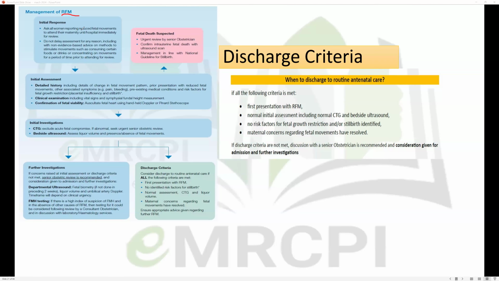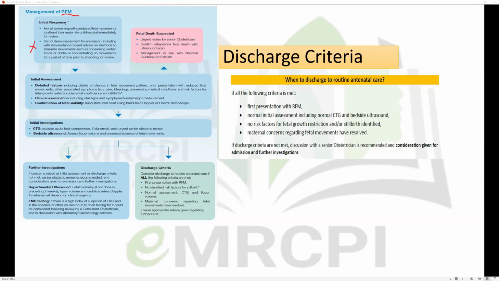Ask all women reporting reduced fetal movement to attend their maternity unit or hospital immediately for review. Don't delay assessment for any reason, including non-evidence-based advice on methods to stimulate movement, such as consuming certain food or drink, or concentrating on movement for a period of time prior to attending for review. So no delay at all, okay? Delay is not advised for any reason.